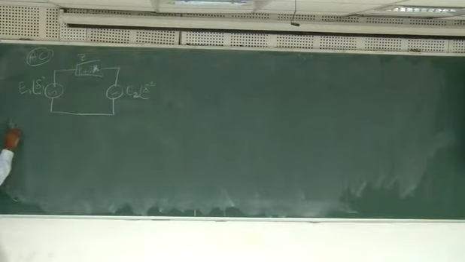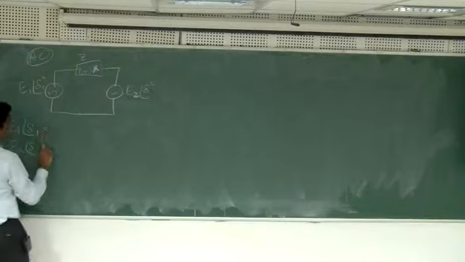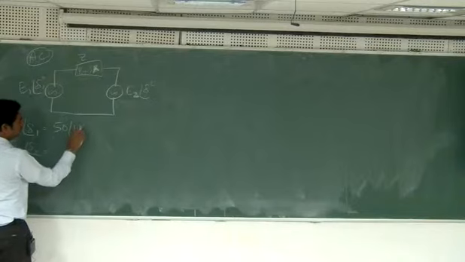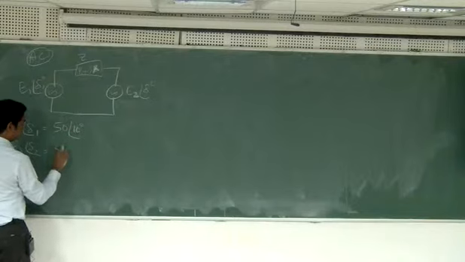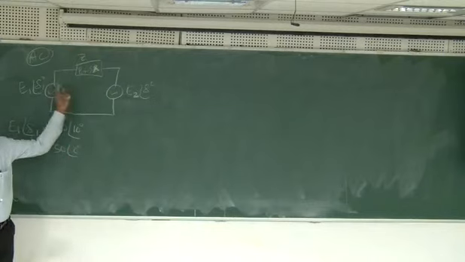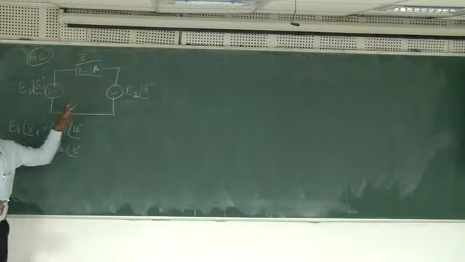E1 delta 1, E2 delta 2 is given as 50 angle 10 degrees and 50 angle 0 degrees. Now the question we are asking is how much is the active power and reactive power flowing in this circuit.